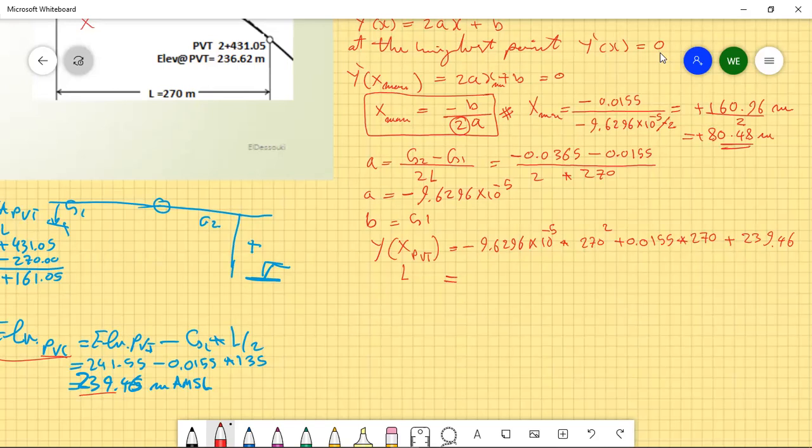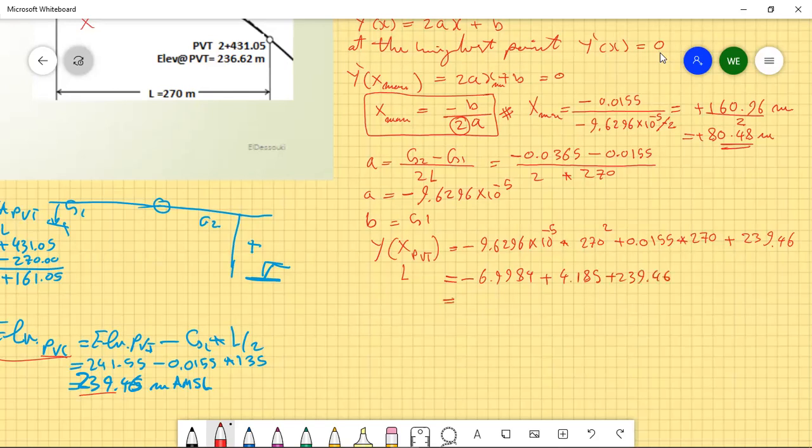So let's do a check here. This will be minus 9.6 exponent minus 5 multiplied by 270 squared, which is minus 6.9984, plus 0.0155 multiplied by 270, which is plus 4.185, plus 239.46.